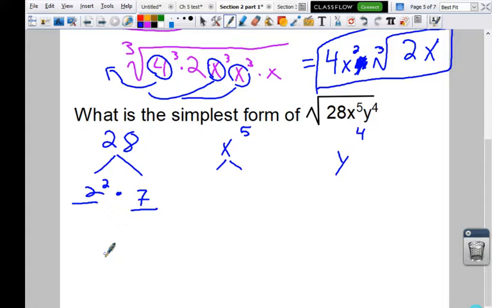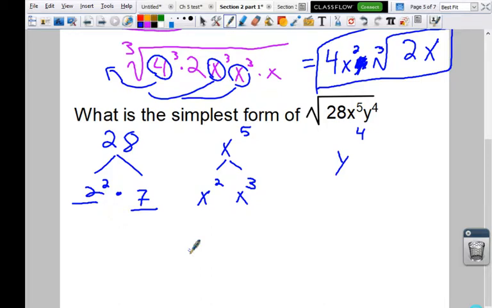Yeah, 28. Alright, so let's look at x to the 5th. Carissa, if I split it apart to be an x squared here, how many x's am I going to have left over? 4 or 3. 3.